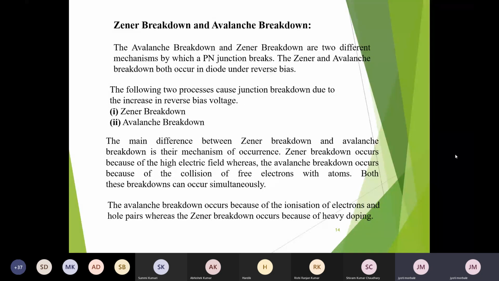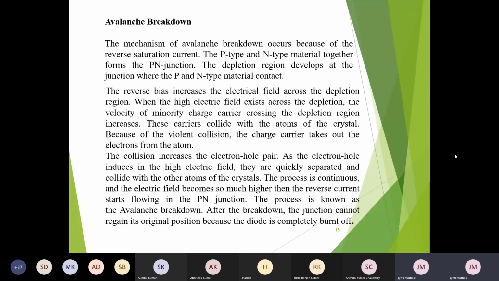So we need to avoid this. दोनों का मतलब somewhat similar है, but एक थोड़ा सा पहले होता है, दूसरा ब्रेकडाउन थोड़ा सा बाद में होता है. So see what is avalanche breakdown.